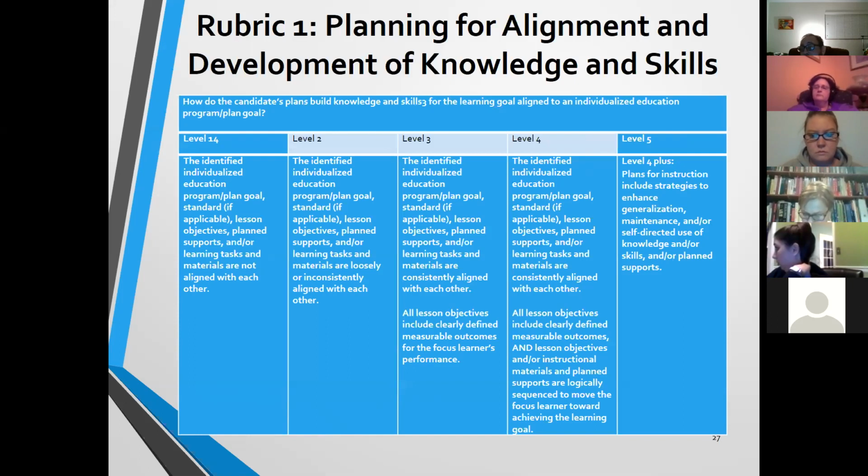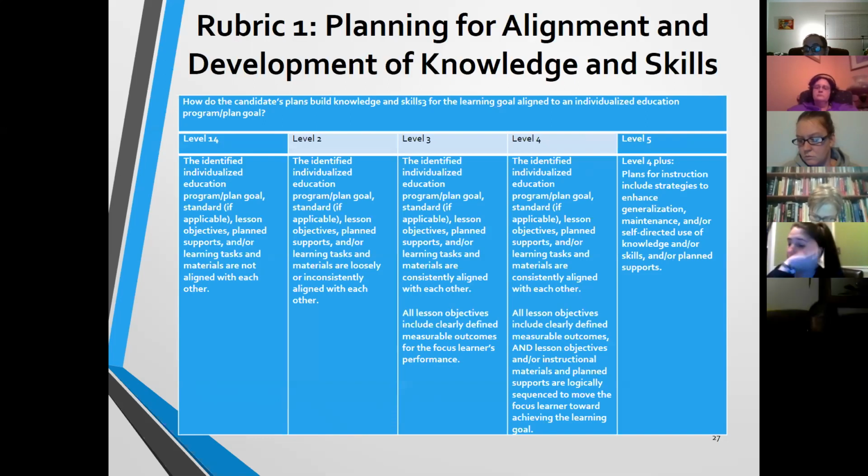Okay, so that's level 3. That is the most basic level if you want to pass. Level 4, so that would be everything in level 3 plus all lesson objectives include clearly defined measurable outcomes, and lesson objectives and/or instructional materials and planned supports are logically sequenced to move the focused learner toward achieving their learning goal.